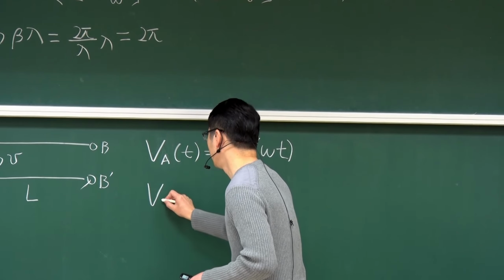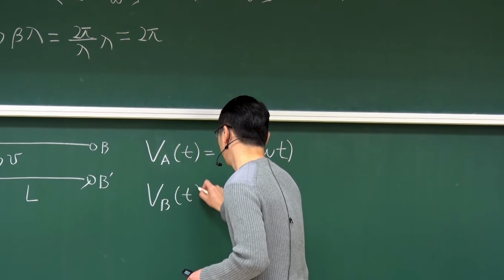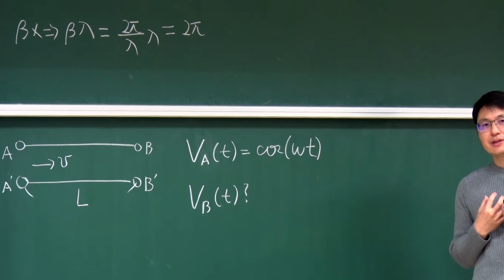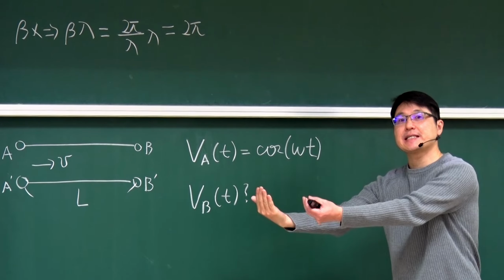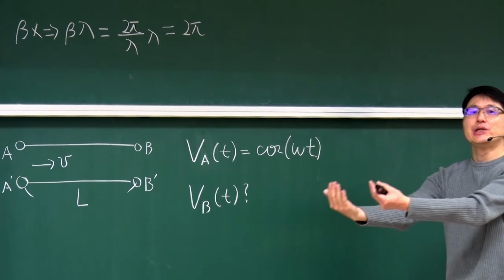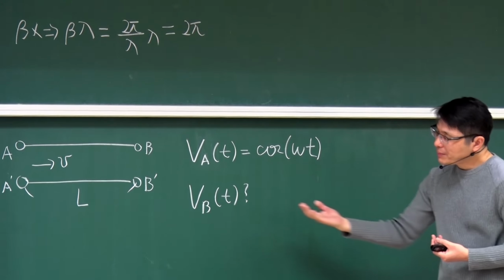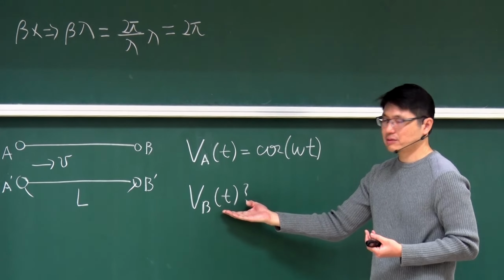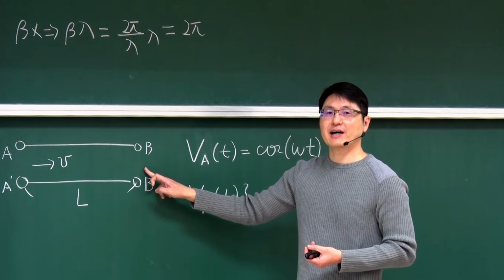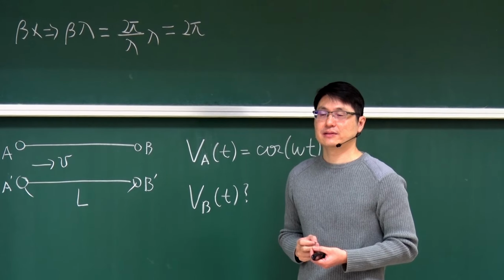So now the question is, as a user, I want to receive the voltage so I can use it, right? But how do I formulate the voltage as a function of time at the user end?